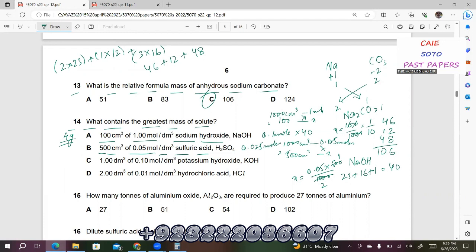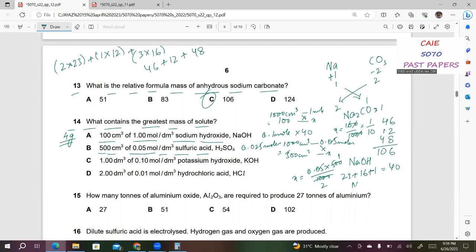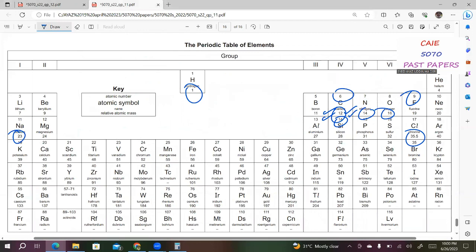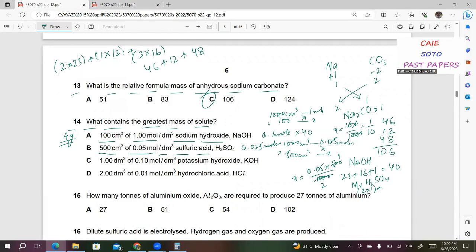MR of sulfuric acid, MR H2SO4. AR of hydrogen is 1. 2 multiplied by 1 is 2 plus sulfur 32 and oxygen 16, plus 32 plus 4 multiplied by 16.